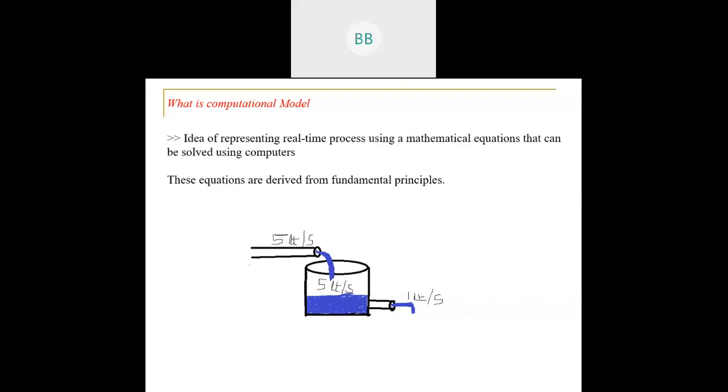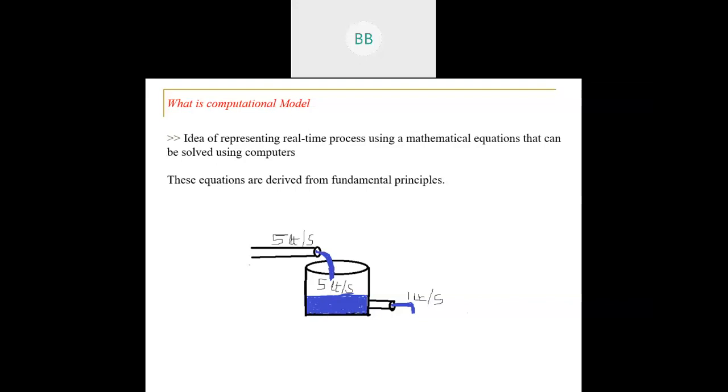The principle of conservation of mass states that mass can neither be created nor destroyed. Now, to convert this principle to a math equation, here is an example. Initially, let us assume that there is 5 liters of water in a tank. Assume that there is a hole in the tank and the water is leaking through this hole at the rate of 1 liter per second.